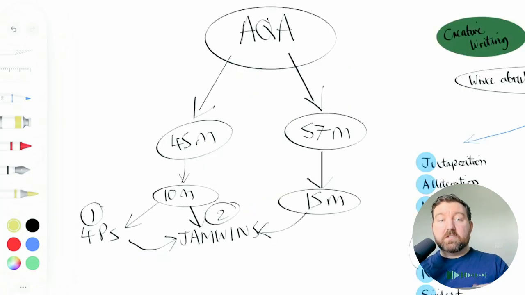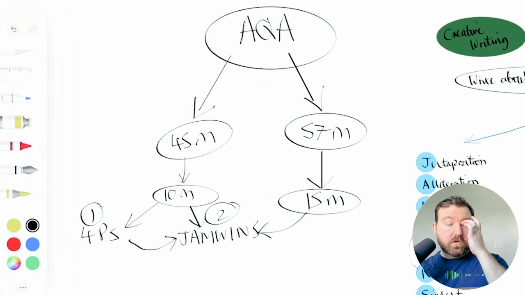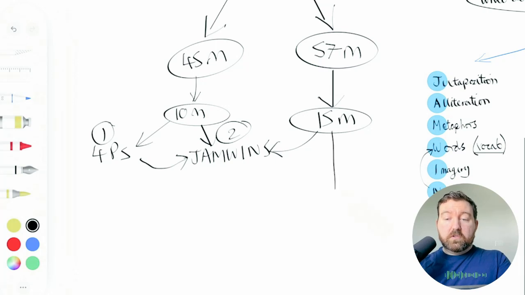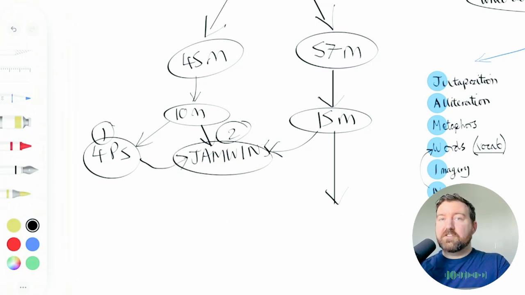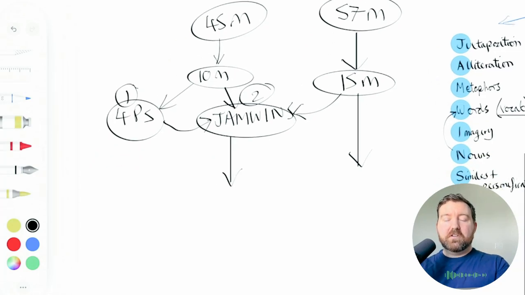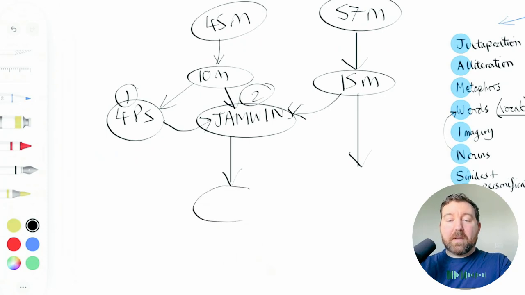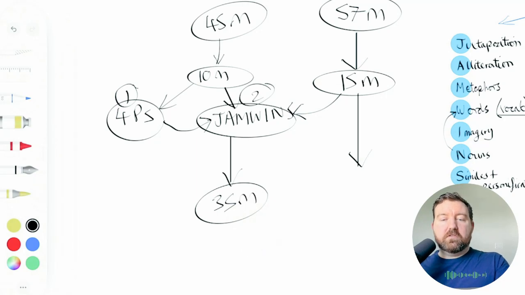In terms of what's next, once you've done your 4 Ps and your jam wins, you are going to go to your writing time. You can see how much better this version is though, can't you, compared to the first version that I deleted. If you're a non-extra time student, obviously that means that you've got about 35 minutes to do this.